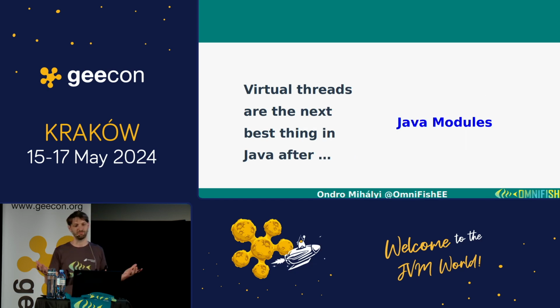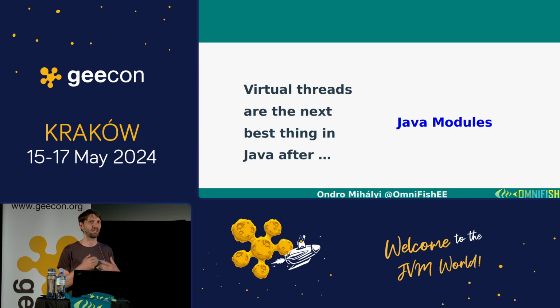So maybe some people love Java modules. Probably not. Who loves Java modules? Yeah, they make it very complicated to upgrade to the new Java version, right? Have you tried upgrading an application server or some big application from Java 11 to Java 17 to Java 21?